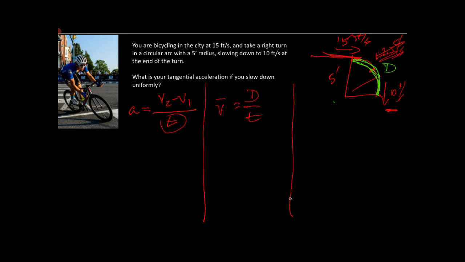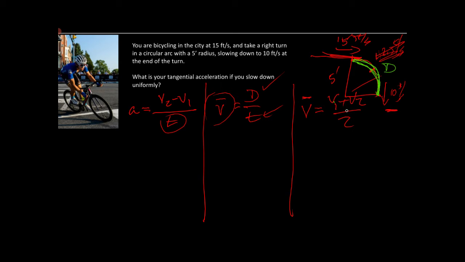And then finally, we can figure this out. That's not too hard. T is what we're looking for. V bar we need something for. We're saying that you're slowing down uniformly though, so we can use the average velocity is v1 plus v2 over 2. So we'll go ahead and use that. Right?